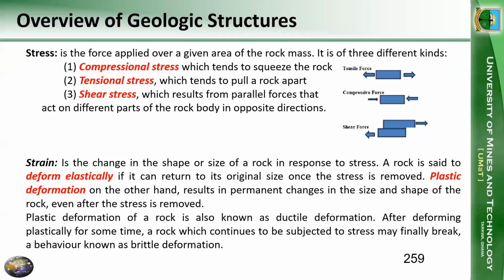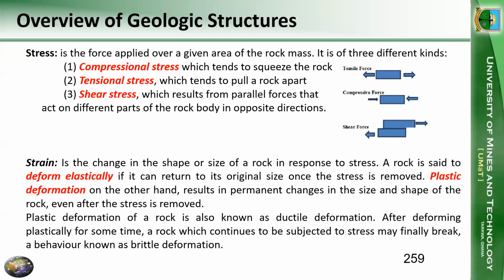Then again, we could have plastic deformation. On the other hand, that is going to result in a permanent change in the size and shape of the rock, even after the stress is removed. So that is plastic deformation. All right. So in elastic deformation, the object can return to its original size.